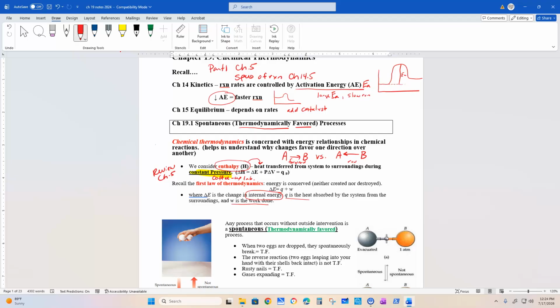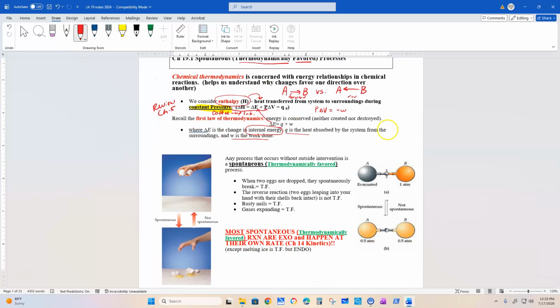So we have P delta V, and that P is what makes it constant pressure, because you don't have a triangle next to that P. But remember, we also know that P delta V is also negative W. If we substitute everything in, we have the first law of thermodynamics, delta E equals Q plus W. We know P delta V is negative W, so remember those W's cancel. So enthalpy depends on heat. But we have to know if the heat is going into the system or coming out of the system. In relation to that, we need to talk about processes that happen on their own.